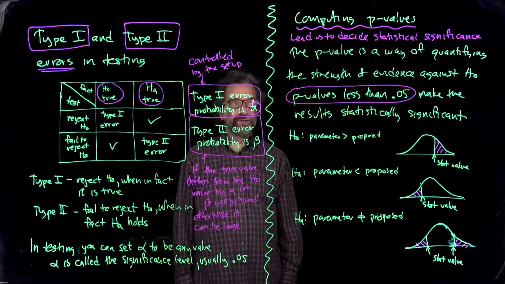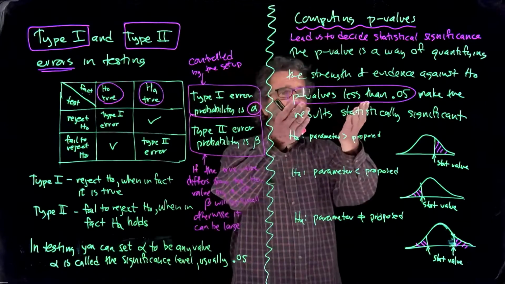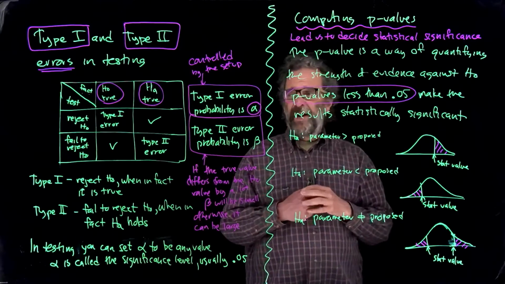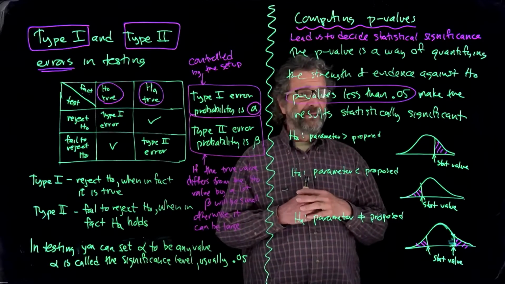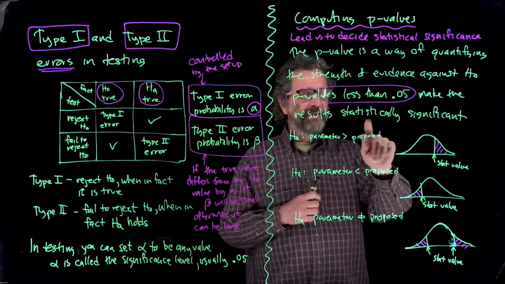But typically the value chosen is 0.05. So somehow the p-values are related to how unlikely the value is, and here it comes. Small p-values cause statistical significance.